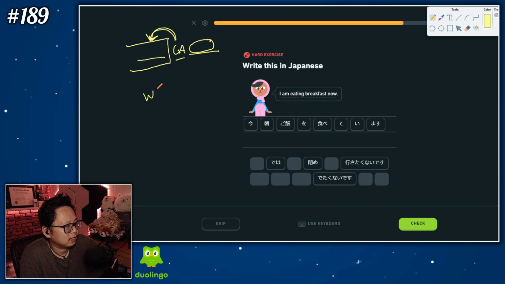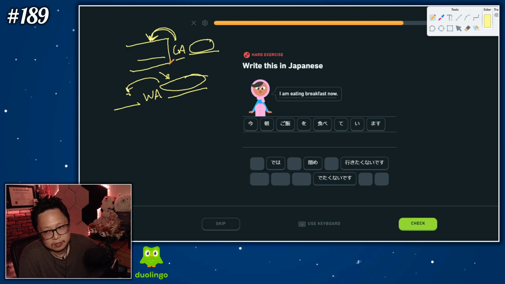And then oftentimes wa is talking about whatever is concerning here as the point of involving this. You can put ga in fairly interesting places, but generally I think Duolingo uses wa a lot to not be too crazy about things.